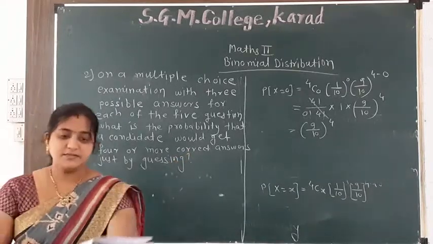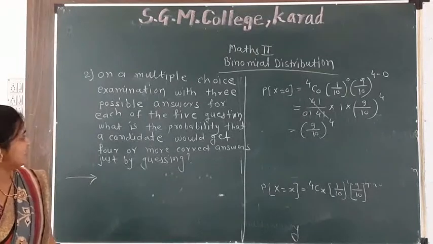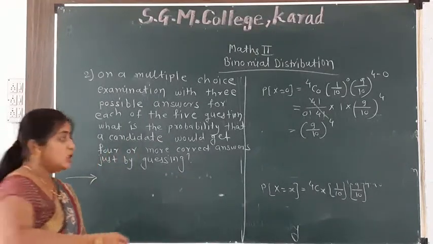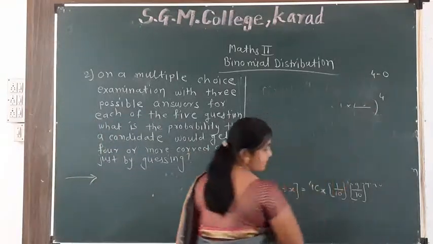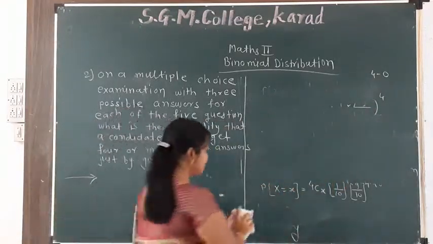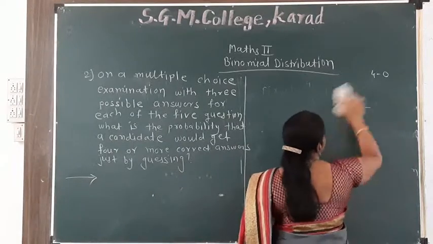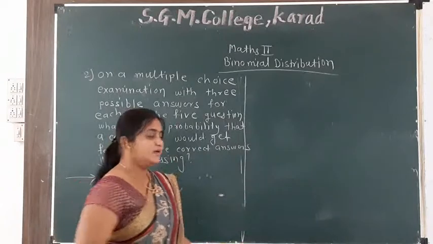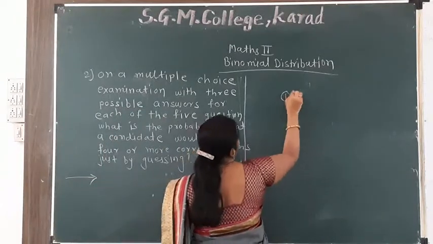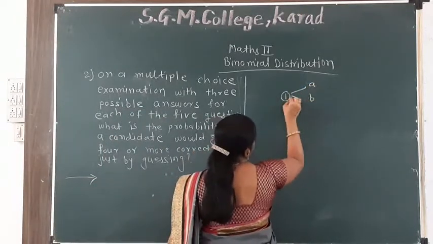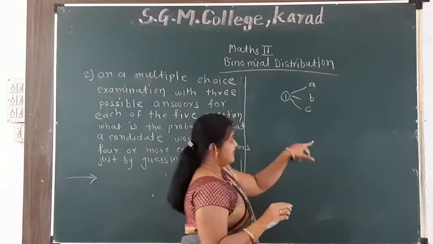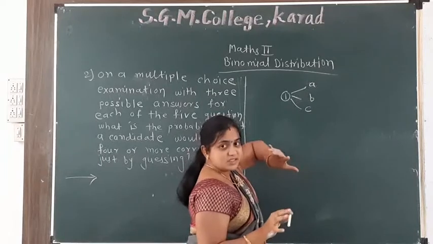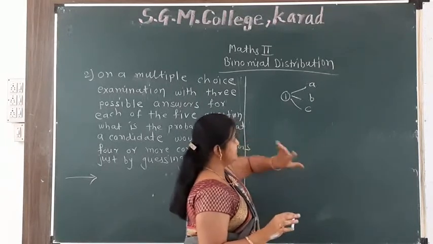So what is my question here? On a multiple choice examination with 3 possible answers for each of the 5 questions. So there is an exam with 5 questions, and each question is multiple choice, meaning each question has 3 choices: A, B, C. One is correct and the remaining two are false.